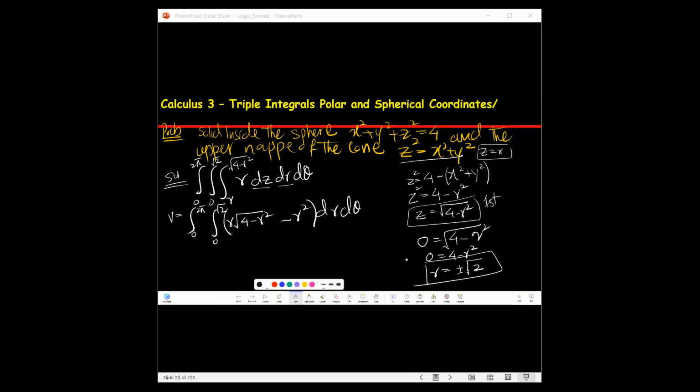Why the square root of 2? Where is that? Oh, the limit. So z is 4 minus r squared equals r, it's going to be only 2. So we just keep it 2 here.